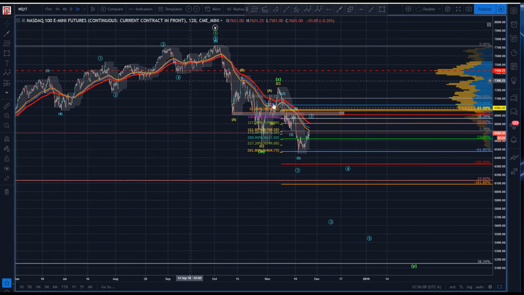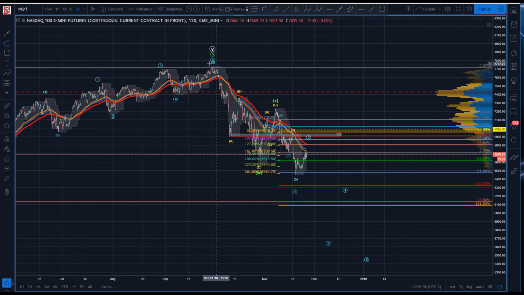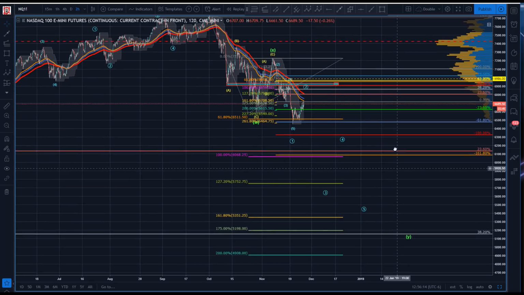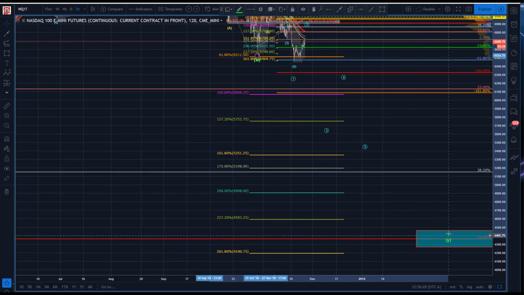If this is the W and this is the X and the Y is going to be way down there, well, is that outside of the range of what a normal... if this is the W, this is the X, how far would that actually take us for the Y? Well, here's the 2618. It's not out of the realm of possibility.